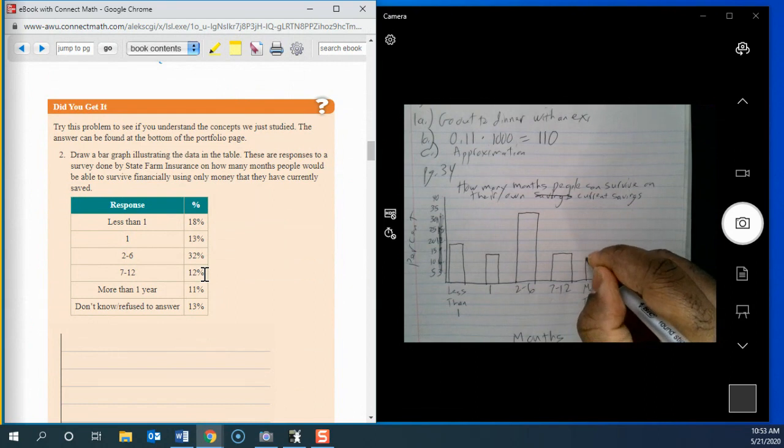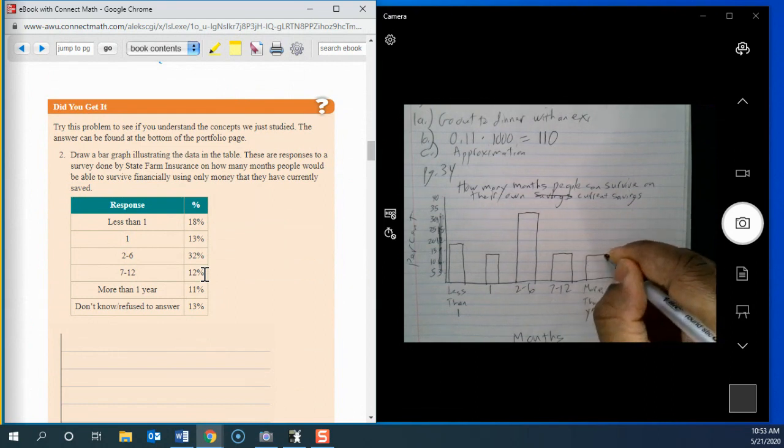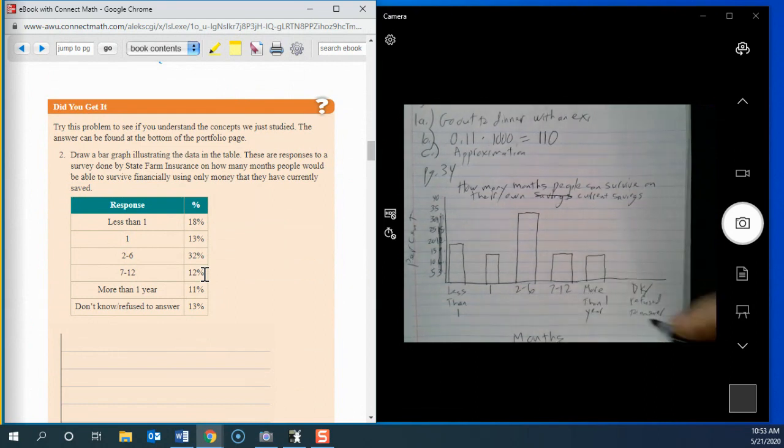And then don't know, refuse to take it would be about the halfway mark. So it'll be about the same as the 1. And there we have our bar chart, our bar graph.